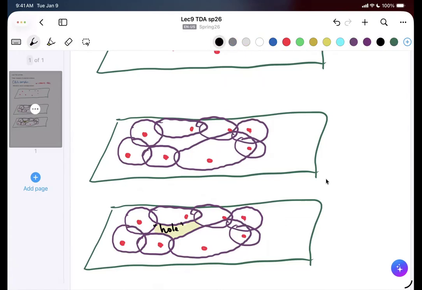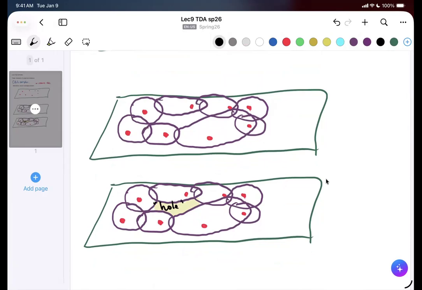In these sensor coverage problems, one of the things you may want to know is whether there are holes of that sort, because it means the coverage is not perfect, right? So one of the goals of topological data analysis would be to detect whether the sensors lack coverage in this way.